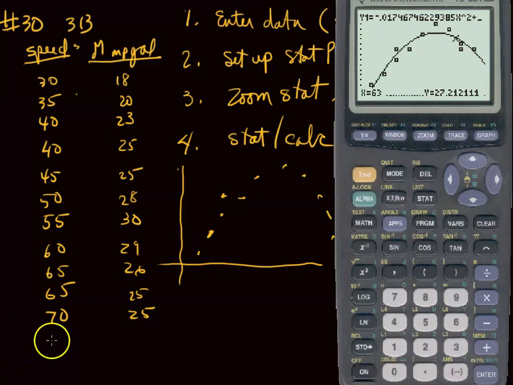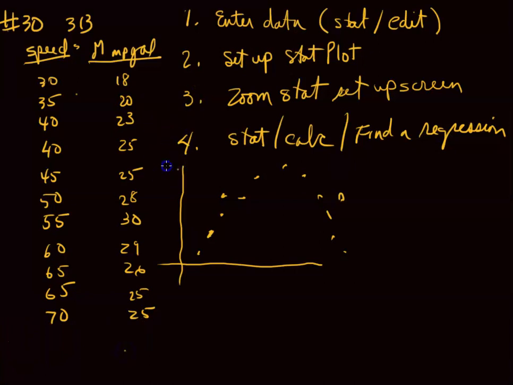So part A, let's see. This is part A. Draw the scatter plot. Part B is, what's the maximum, I guess? What did we say that was? 55.378 miles per hour.